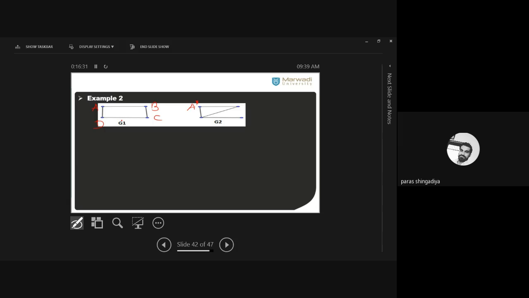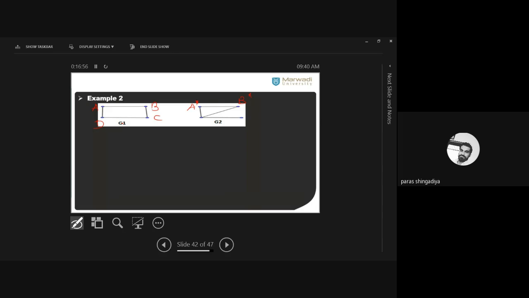Is it possible in the second graph? If we say that is B dash, here we cannot say that is D dash. Clear? Because here the degree of D is 2 only, and here the degree is 3. It means we cannot find the images of all the vertices in the second graph.